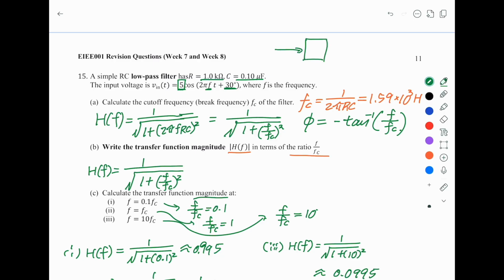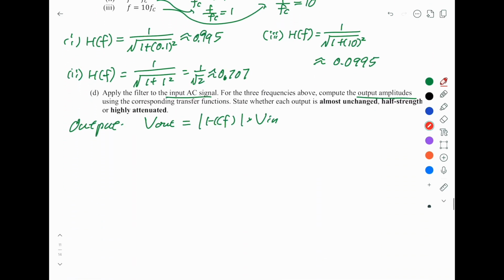You have a signal here, 5 cosine 2 pi ft plus 30 degrees. How much the amplitude will change depends on the frequency. So let's do it.